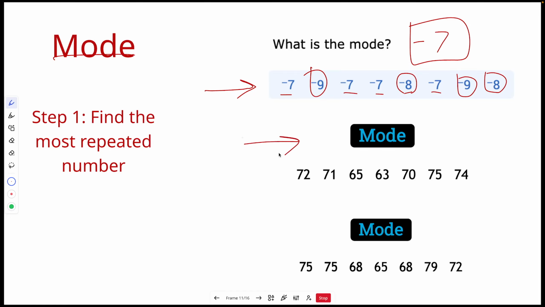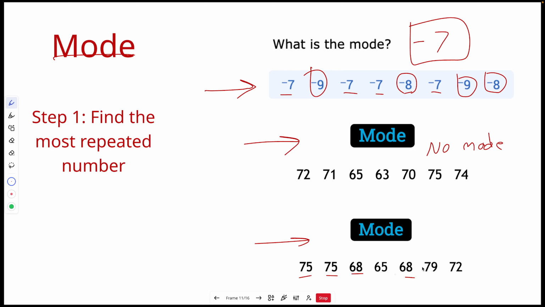Now, in this set of values, you will notice that there are no repeated values. And so this set has no mode. So if there's no repeated values, there's no mode. And then in this set of numbers, you will notice that 68 and 68 are tied with 75, 75.